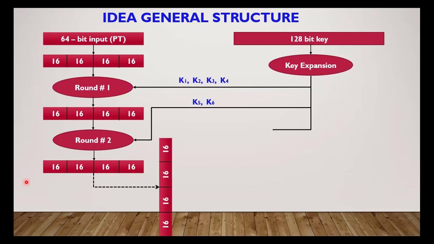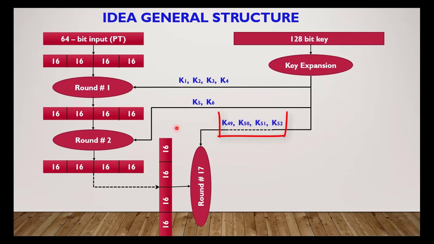Round 17 will have input as 4 blocks of intermediate ciphertext. As it is an odd round, it will require 4 keys, and these are the last 4 keys out of 52 keys. Again, all these keys from k1 to k52 are of 16-bit each.